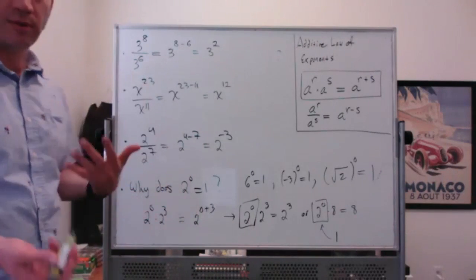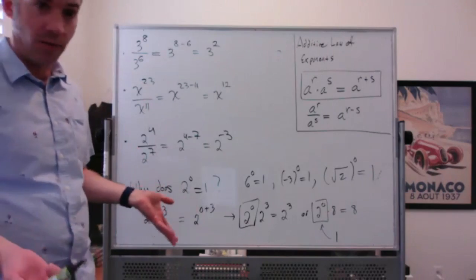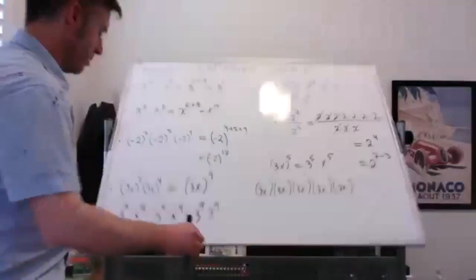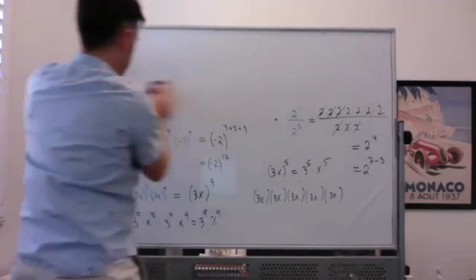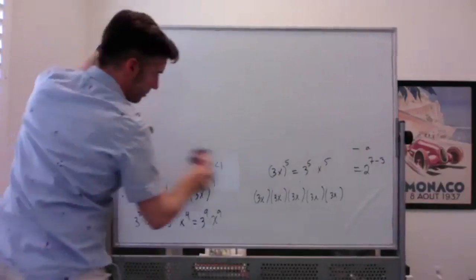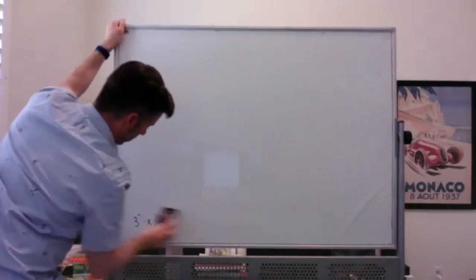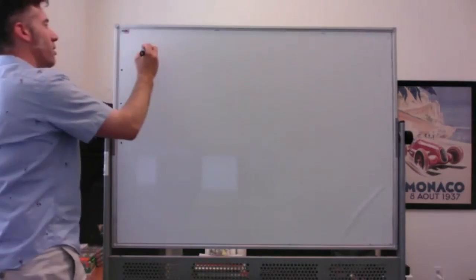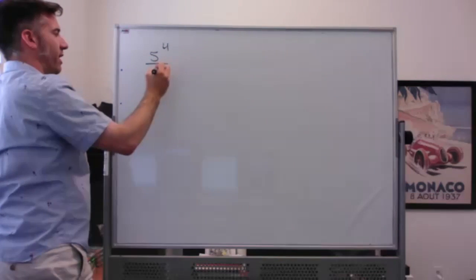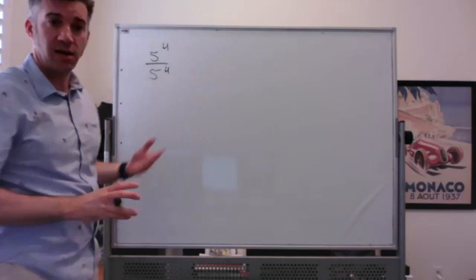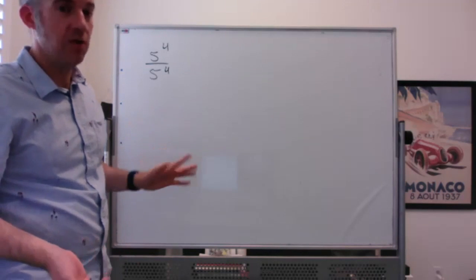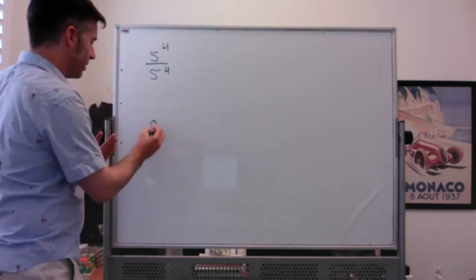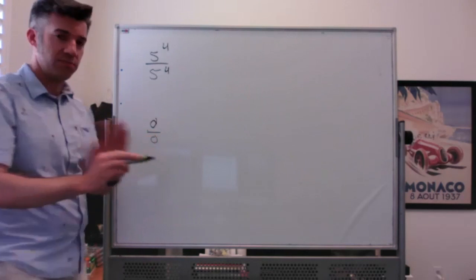Some other people just justify it a different way. You could also say, using the other version, well, hey, I know 5 to the 4th divided by 5 to the 4th. Clearly, that's going to be 1. Anything divided by itself is 1, with the exception of 0, right? 0 divided by 0, not 1.